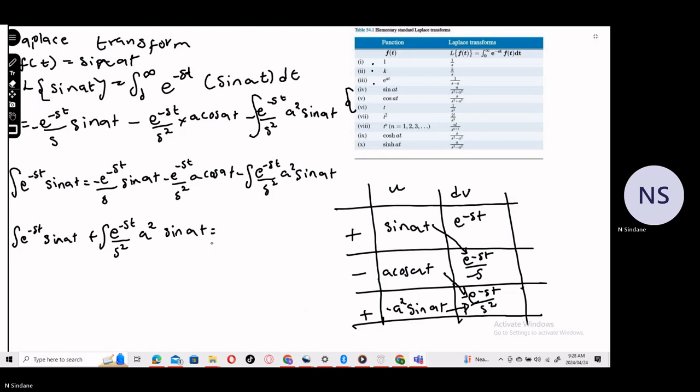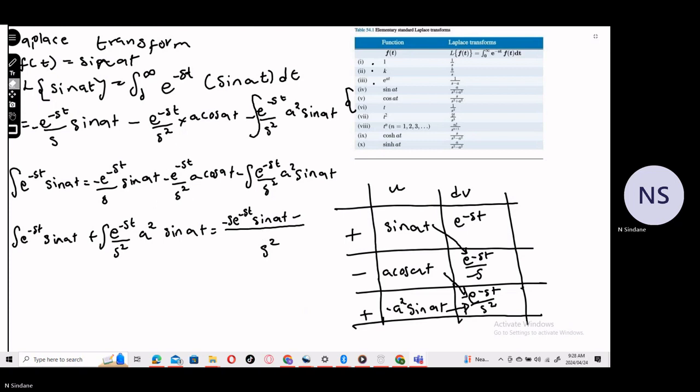It's equivalent to, then here I can just say my lowest common multiple is s squared. S into s squared is s multiplied by, this will be negative s e to the power minus st sine of at minus s squared into s squared is 1 multiplied by e to the power.